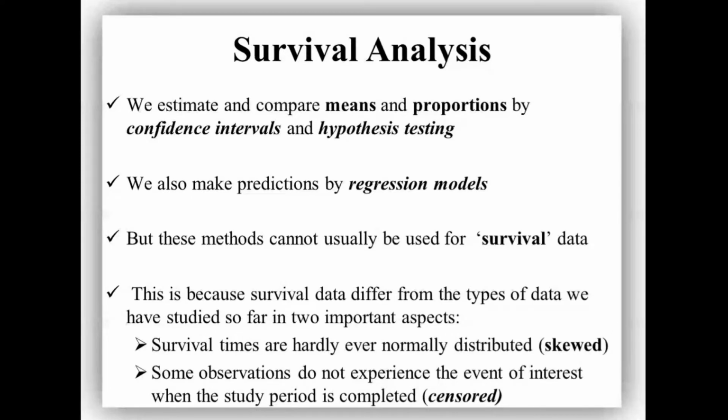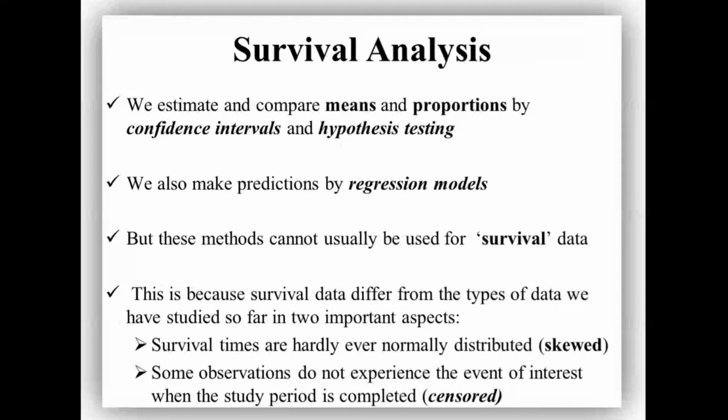Why do we have censoring? Because while you are following the study participants, some of them may be lost to follow-up or disappear from the cohort. They could disappear from your eye.